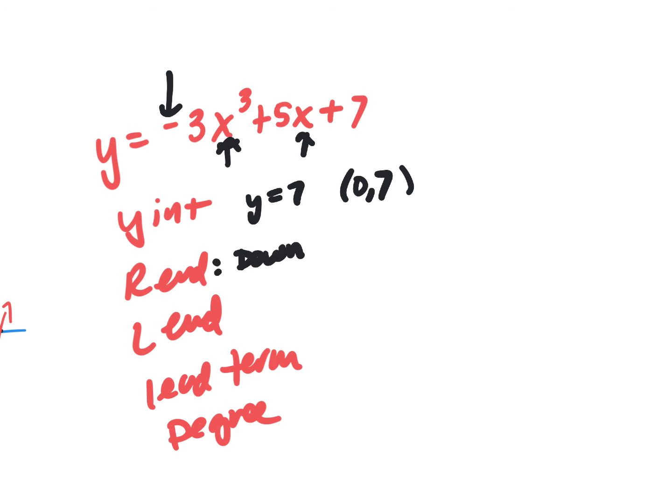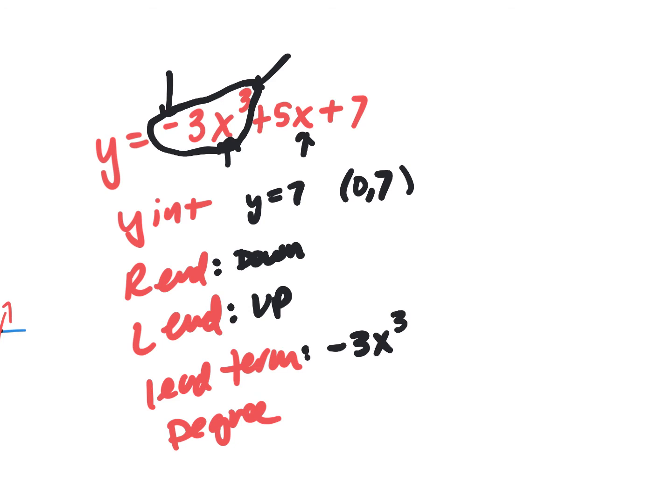The left end behavior, well, you look at this, and if it's odd, you know they are going in opposite directions. So the opposite of down, up. The lead term is this whole thing. That's the lead term, -3x to the third. And the degree on this one is degree 3. You take the biggest of the powers.